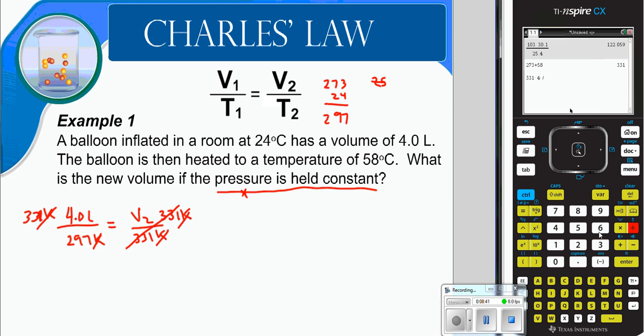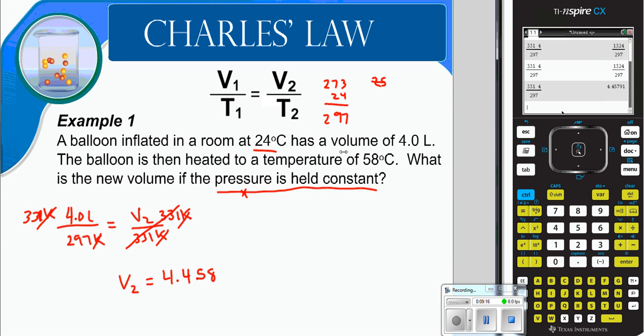Sorry, not times, divided by, let's clear that up, divided by 297 Kelvin. Control Enter. There we go. So our volume 2 will be equal to 4.458, and we need just 3 sig figs.